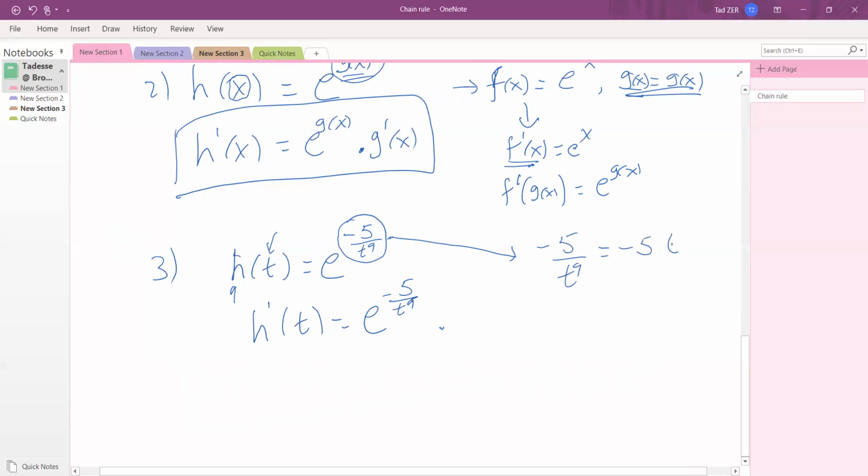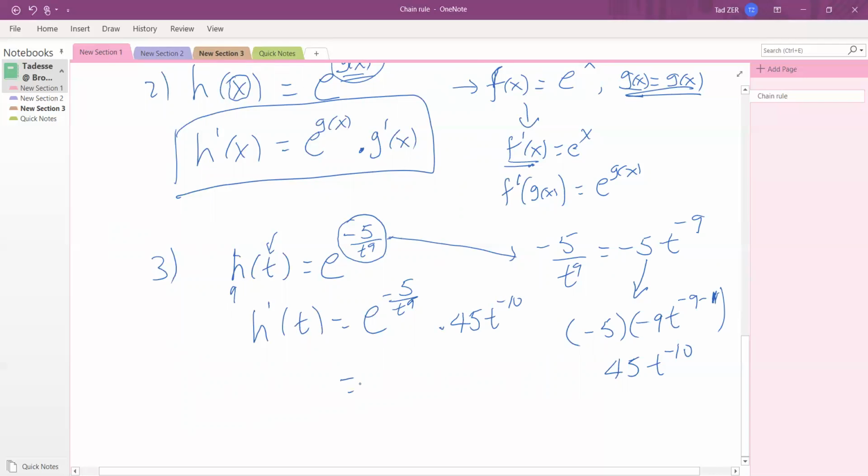This is -5 t to the power of -9. So the derivative becomes -5 times -9 t to the power of -9 minus 1. I'm using the power rule. Because -5 times -9 is 45, t to the power of -10. So my answer will be 45 t to the power of -10.